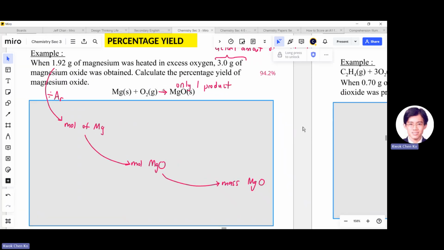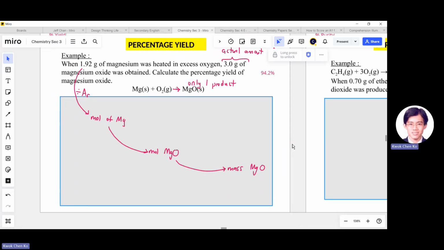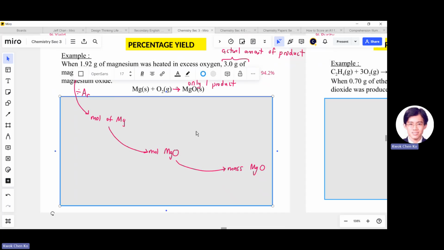Oh, Dylan, you get it? I also got 93.8. I think there must be a truncation error somewhere, so it should be fine. Okay, let me see what the actual values mean.